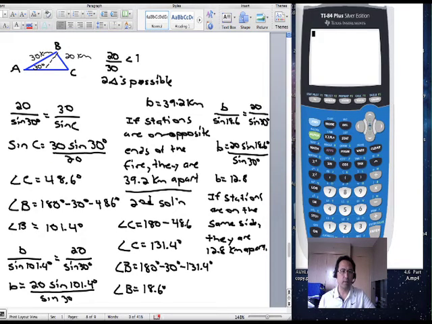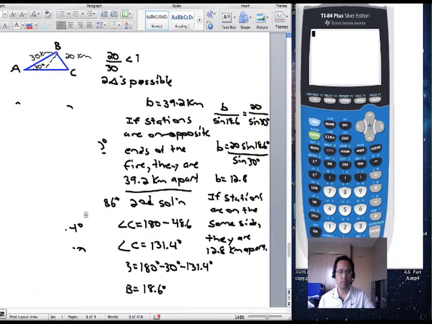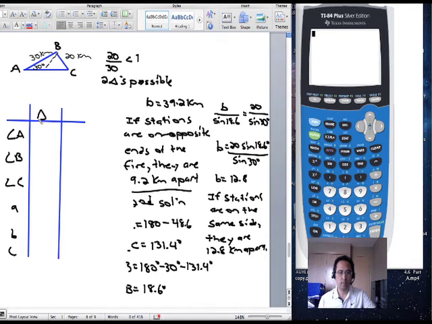Now, I'm just out of room here, so you would need to find some space. A good idea is always to have that summary chart just to make sure you've covered all your ground here. So I'm going to clear space here and do that ambiguous case chart just to make sure I have everything in place. Okay, so here we have angle A, angle B, angle C, line segment A, B and C, for triangle 1, for triangle 2.